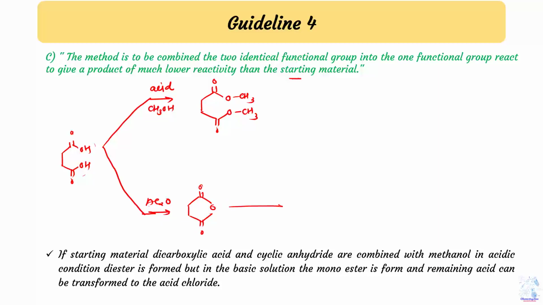Again, this reaction works with methoxide ion in the presence of methanol, and now what do we get? We get only one side protected as the methoxy group. That is the better option.